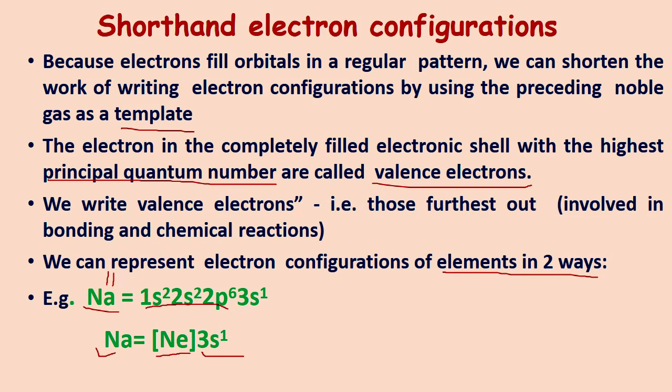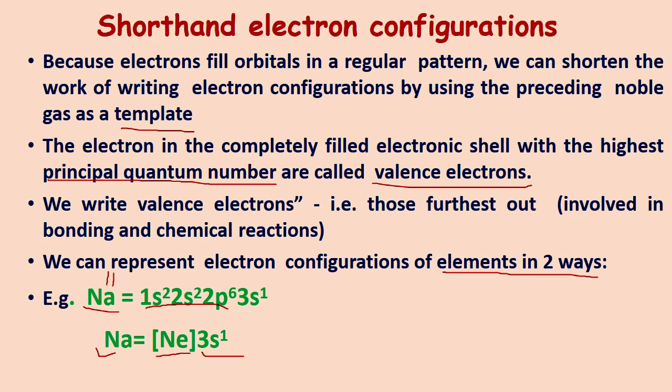Shorthand electronic configurations. Because electrons fill orbitals in a regular pattern, we can shorten the work of writing electronic configuration by using the preceding noble gas as a template. The electrons in the outermost shell with the highest principal quantum number are called valence electrons. We write valence electrons, that is, those furthermost ones which are involved in bonding and chemical reactions only.